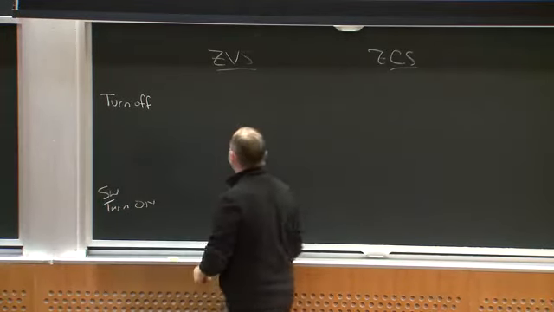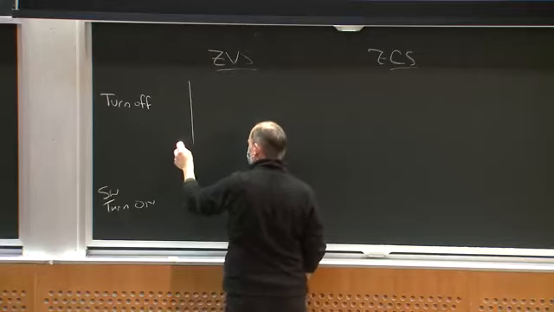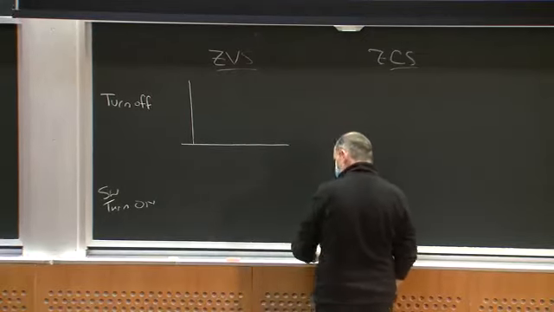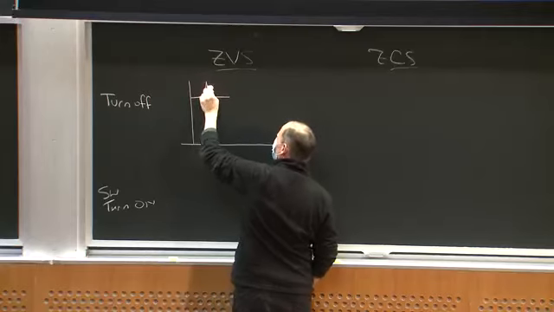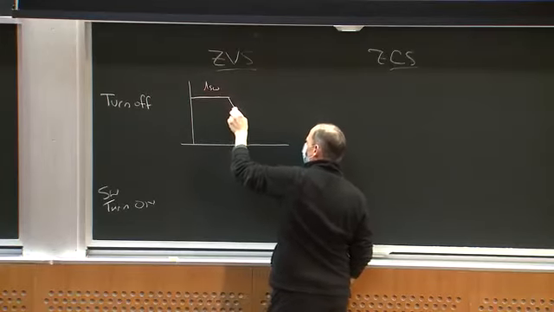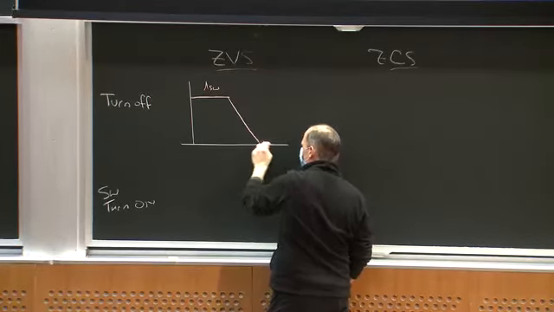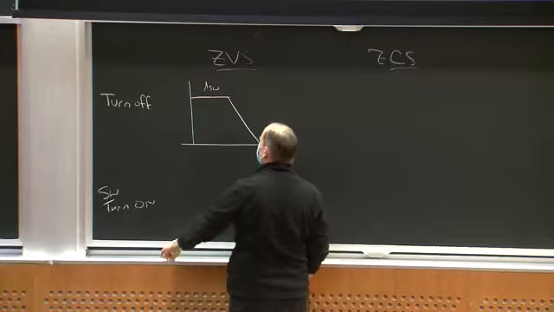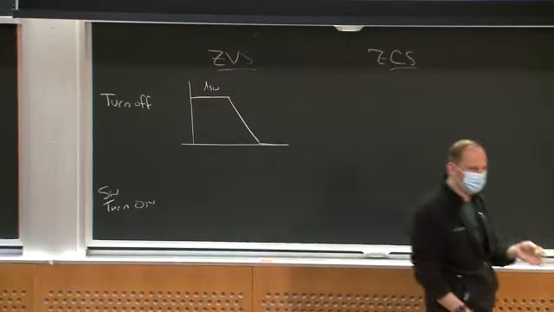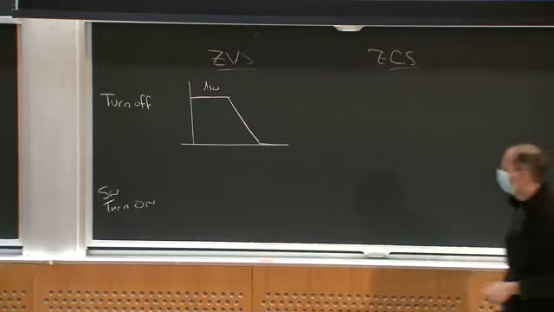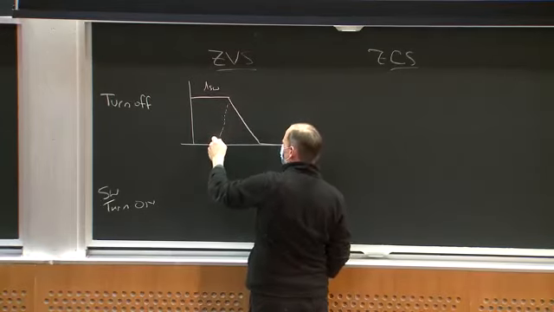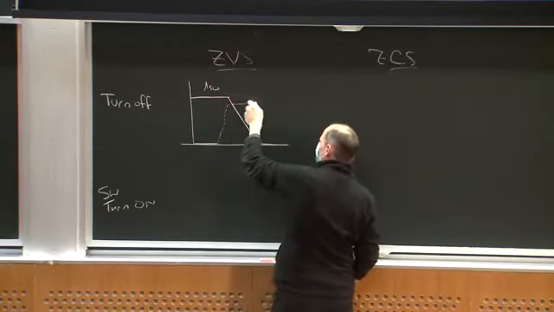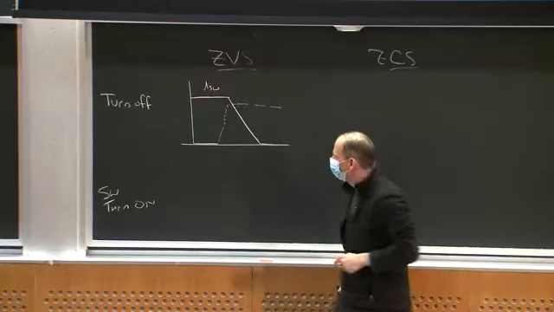In a turn-off transition, the switch current, I switch, goes from its maximum value down to 0 in some finite time. In a hard switch converter, like a straight-up buck converter, the voltage on the switch would rise, and then the current on the switch would fall.